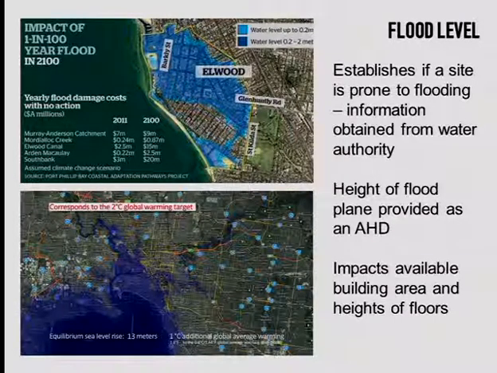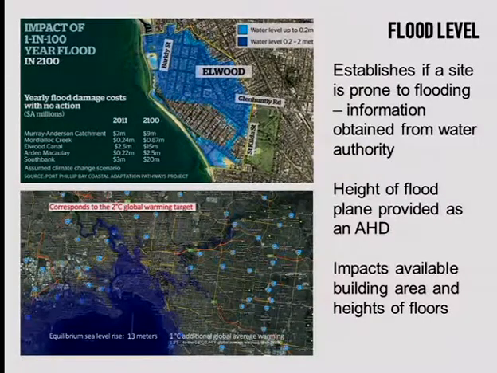So all of Elwood, St Kilda would be all underwater. And what they've done is they've changed all the flood levels. So now if you do a development there, you'll find a building that is down here, and then you'll find a new building that is up here, simply because of the flood level, and you can't build within a floodplain.